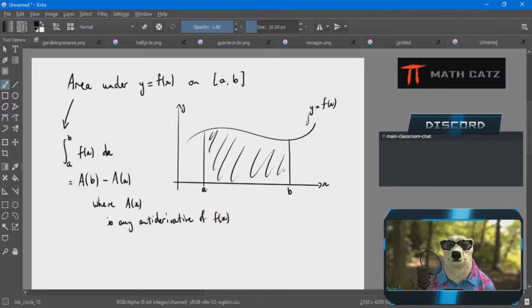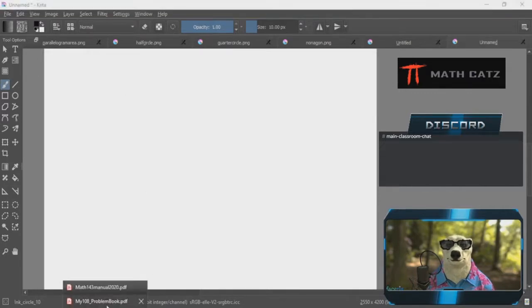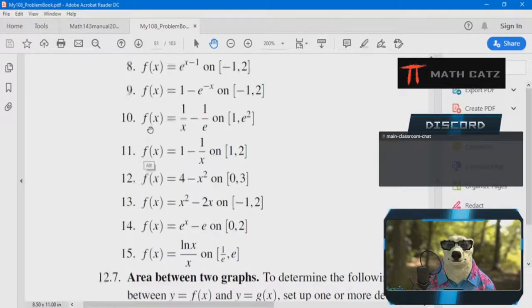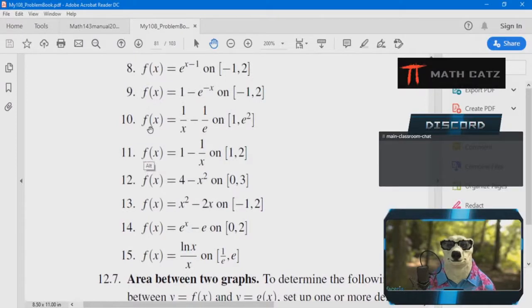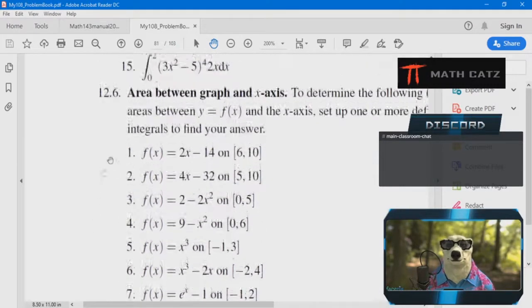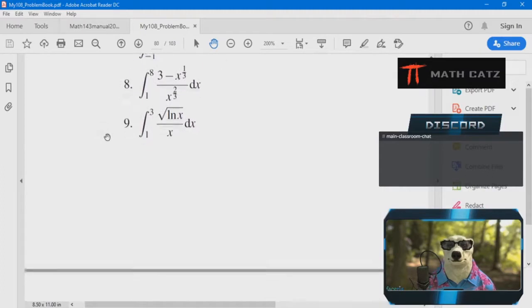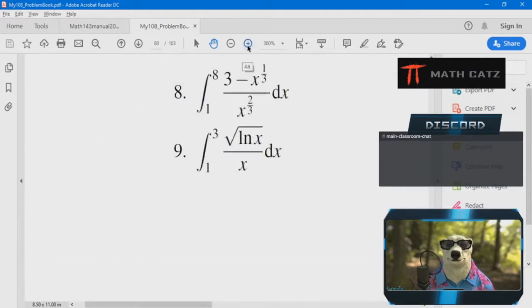Let's just do more examples to cover everything that we need to see. Let's focus on something like number 8.